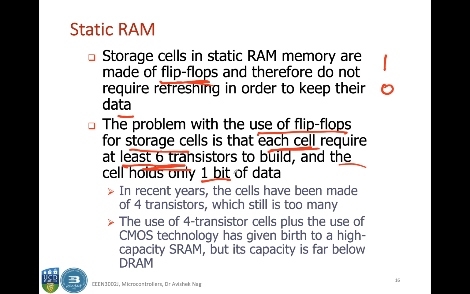In recent years the cells have been made of 4 transistors, which still is too many. The use of 4 transistor cells plus the use of CMOS technology has given birth to a high capacity static RAM, but its capacity is far below the dynamic RAMs. So that's the disadvantage of static RAMs.